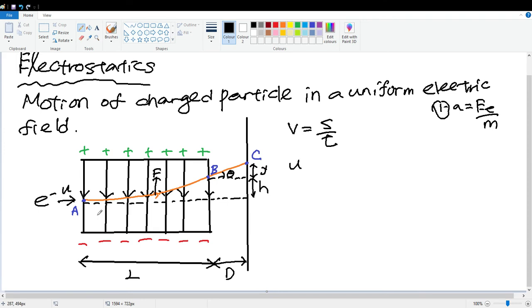The time taken to move from A to B is given by u equals L over t, and this describes the initial velocity. So the time taken for the electrons to move from A to B is L over u. So this is the second information: t is equal to L over u.